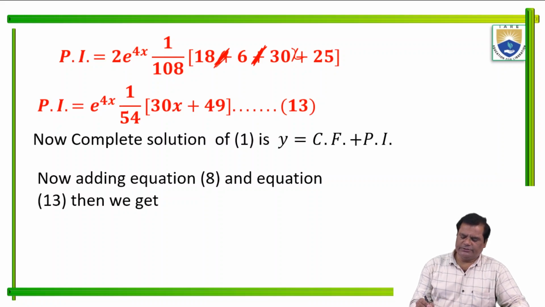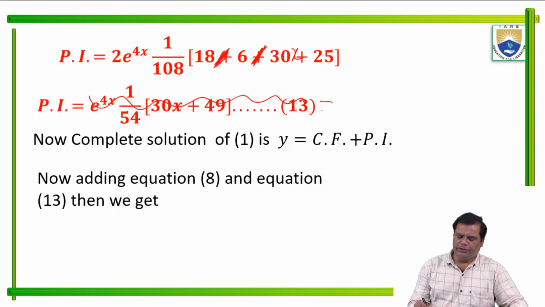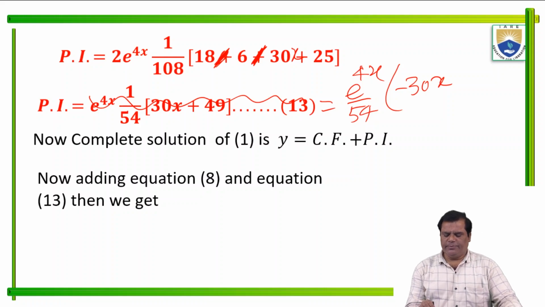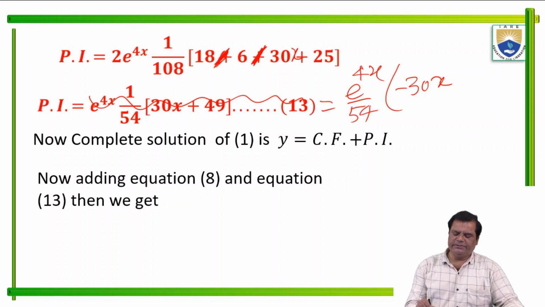So the answer is e^(4x)/54, minus 30x, and minus 6 plus 25 and 18. So 18 plus 25 is 43, 43 minus 6 is 37, plus 37. So this is PI.